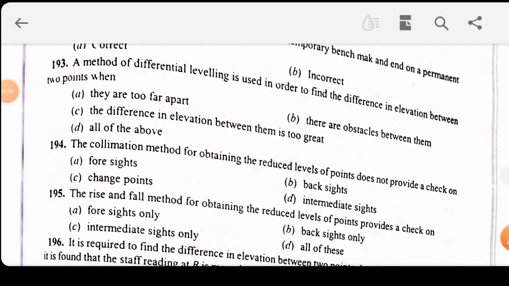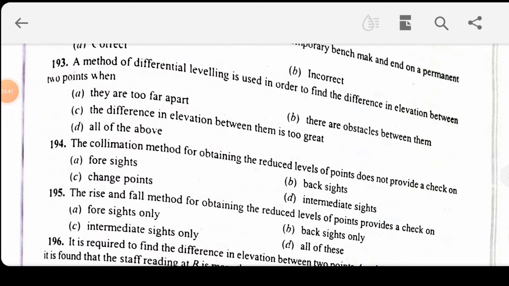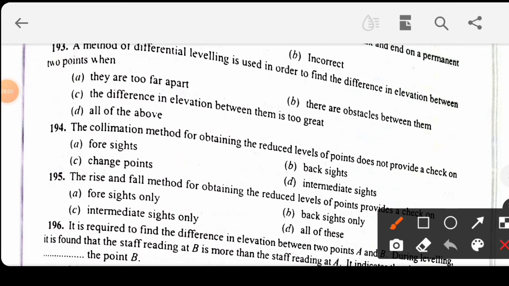A method of differential leveling is used in order to find the difference in elevation between 2 points when they are too far apart, there are obstacles between them, or the difference in elevation between them is too great. Here all of the above are correct answer.